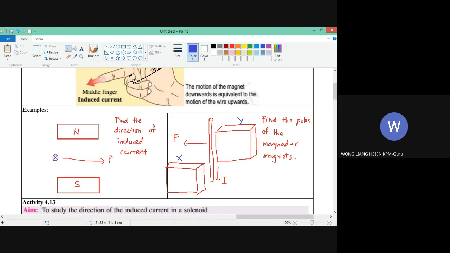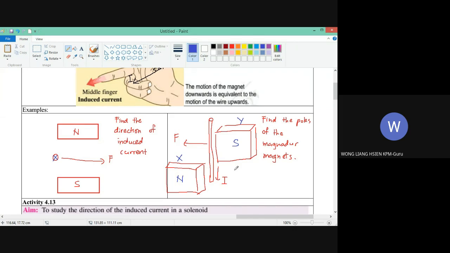Okay, unfortunately, that is incorrect. X is actually north, Y is south. You try again. First, you set the direction of current. The direction of current is downward.